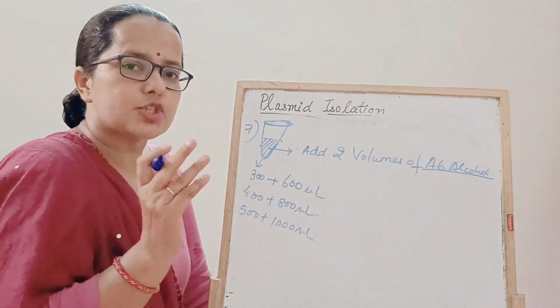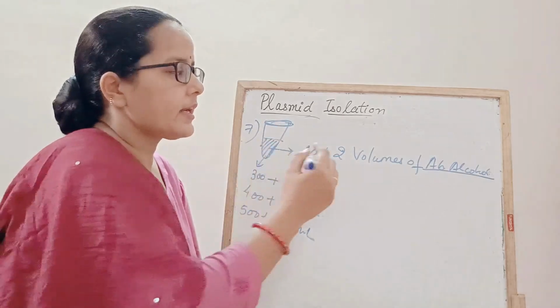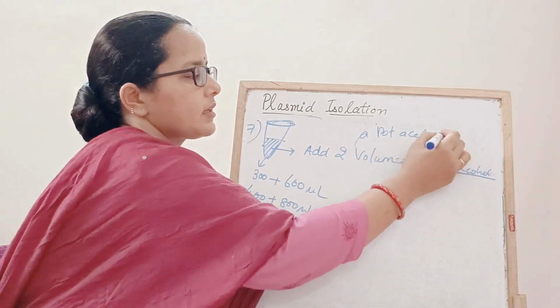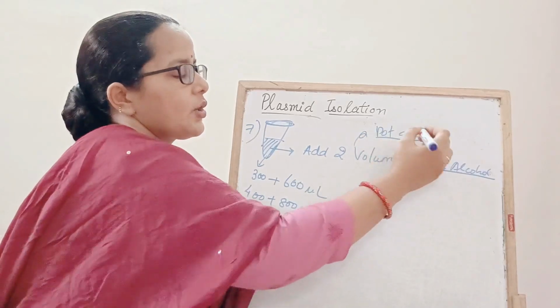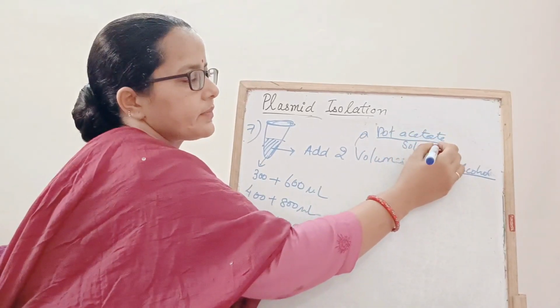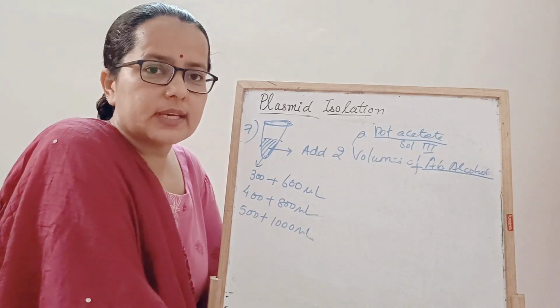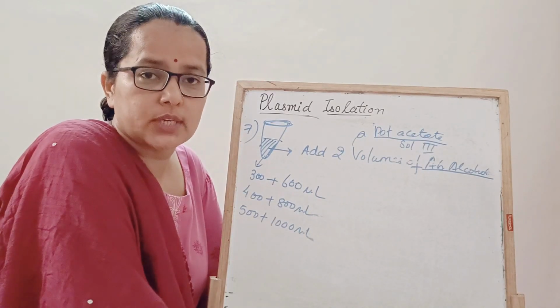You don't have to add salt here because you have already added potassium acetate in solution 3. Whenever we do alcohol precipitation, we have to remember 2 things.